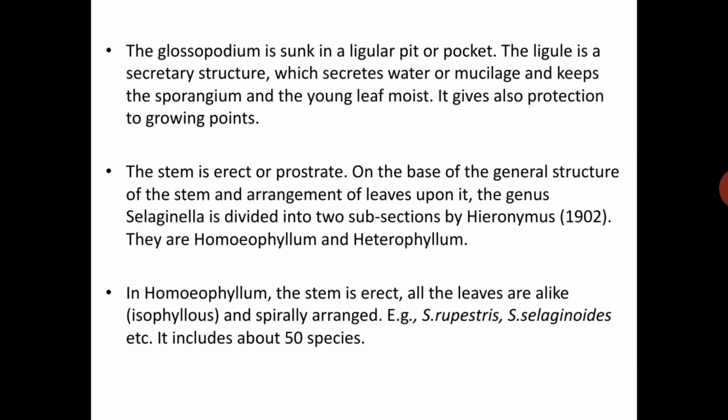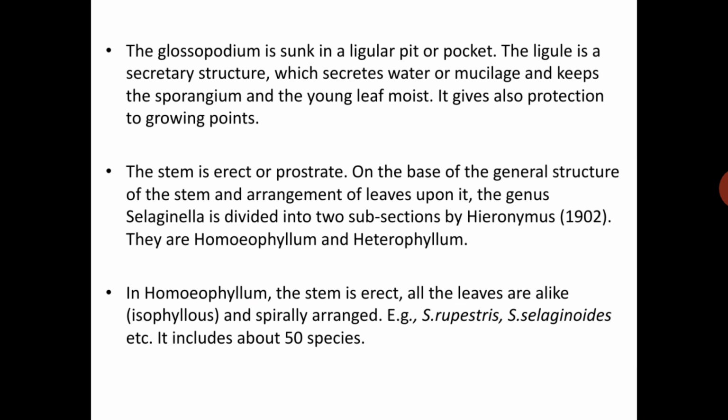The stem is erect or prostrate. On the basis of the general structure of the stem and arrangement of leaves upon it, the genus Selaginella is divided into subsections by a scientist. They are Homophyllum and Heterophyllum. I already told this.